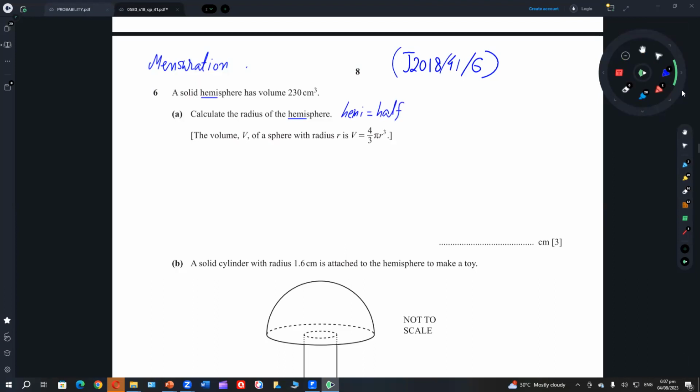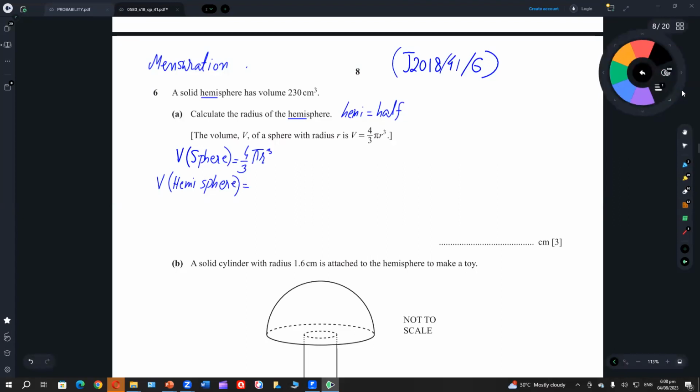So to calculate the radius, first write down the formula. I am writing the formula for hemisphere, and you have to carefully see this step.